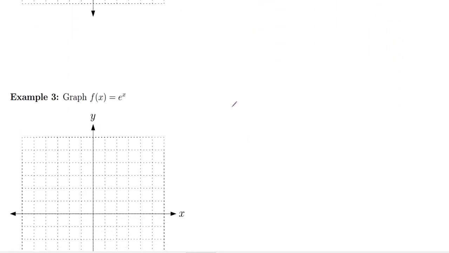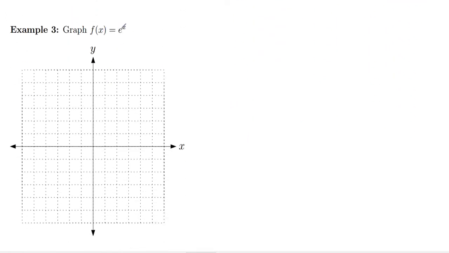But let's move to the next example, and let's graph f of x equals e to the x. Now, e is a very special value. This is approximately 2.71828. It's a transcendental number. It's similar in importance to pi, but pi is a very geometric number.